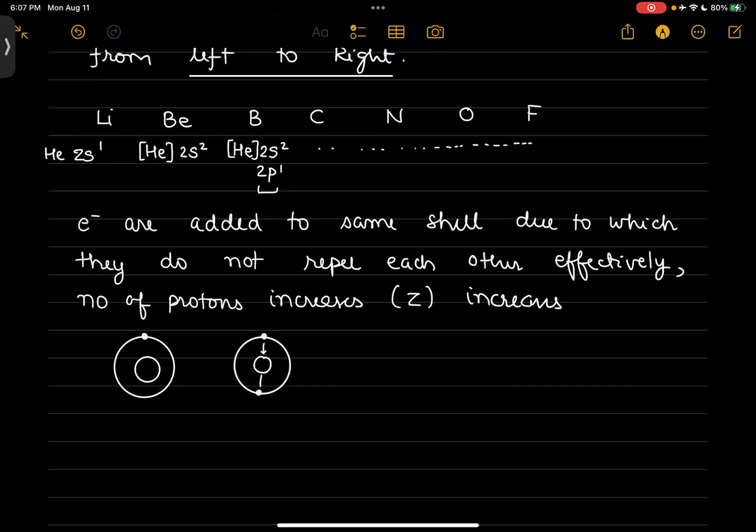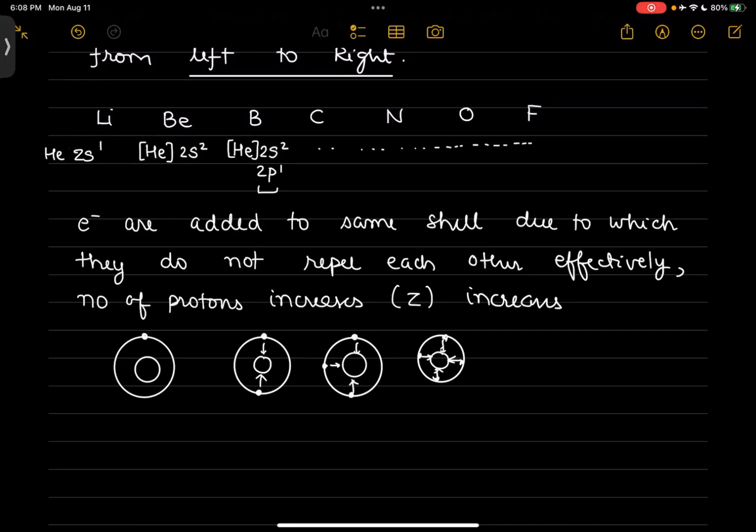They will feel more attraction inward. If you have three electrons in the valence, they will feel even more attraction. Four electrons and four protons, the force will be much stronger. Are you getting my point or not?